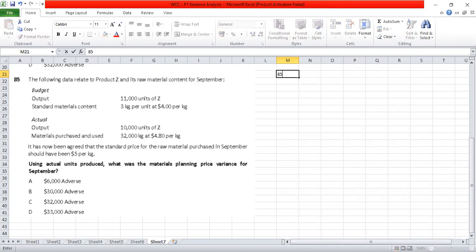Let's quickly put this one. Material planning price variance is equal to the difference between what was decided as the standard price. The standard price which was decided was 4 per kg. The revised standard price is 5 per kg. So let's first mention that.